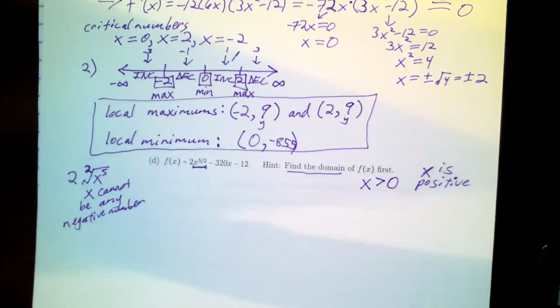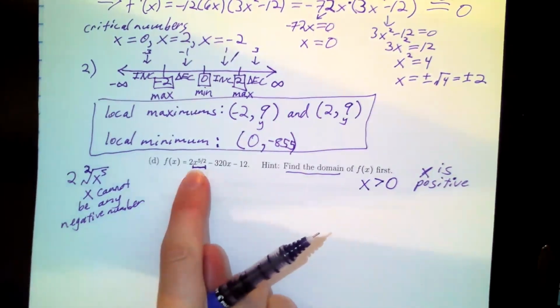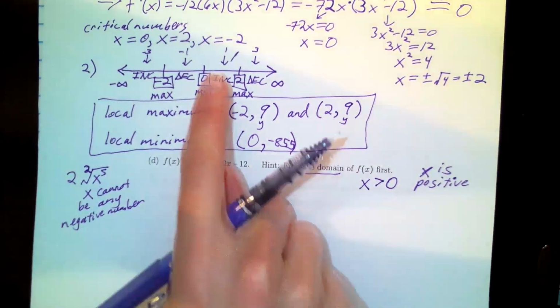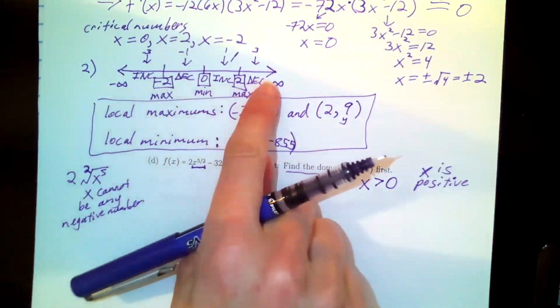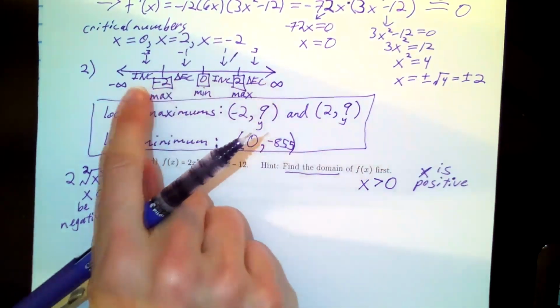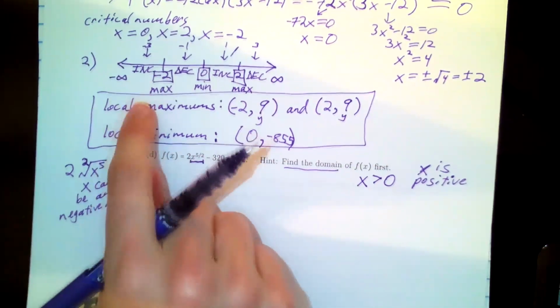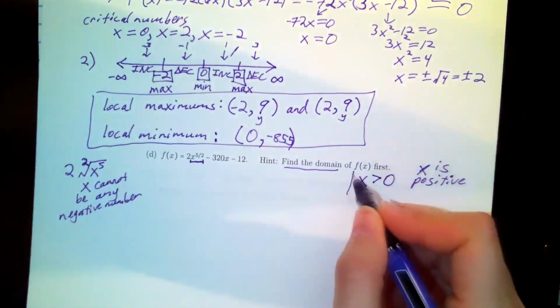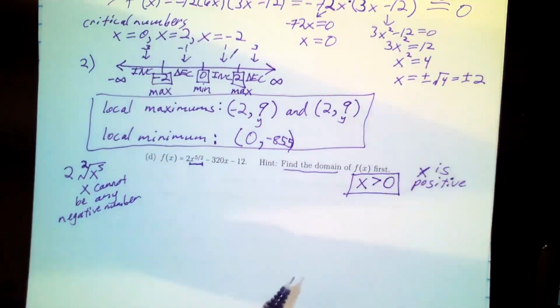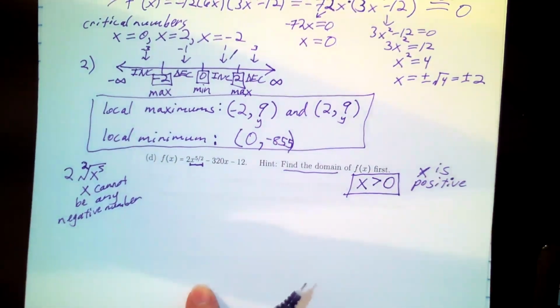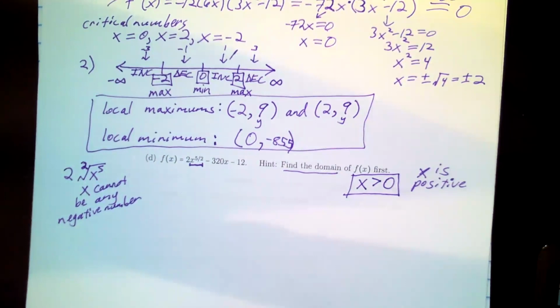We needed to know that because when I do my number line analysis, just like I did up here, my number line is not going to be negative infinity to infinity anymore. I'm actually not allowed to consider the negative numbers on my number line analysis because of this domain restriction. So we'll come back to this, but that's how it will affect us going forward. I'll have half of a number line I'm going to look at, all of the positive parts.